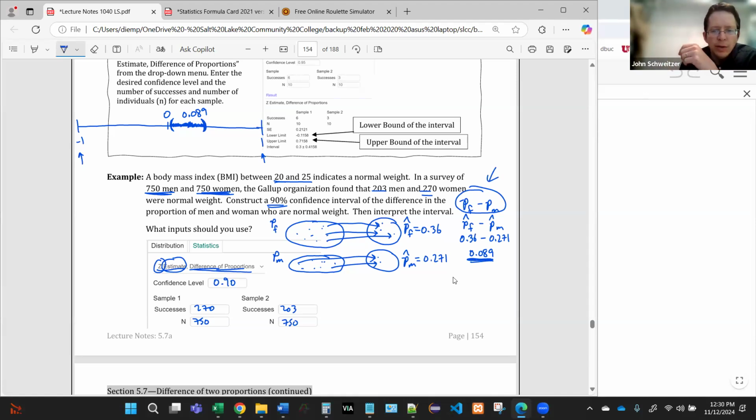The point estimate's there in the middle. That's the 0.089. You don't need technology to tell you that. You just subtract the two point estimates. Then we add the margin of error on the right and subtract it on the left. So what were those numbers again?